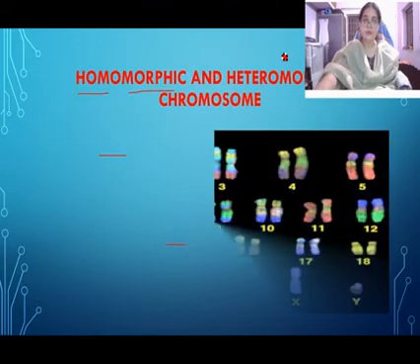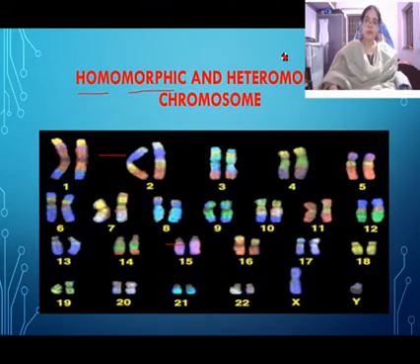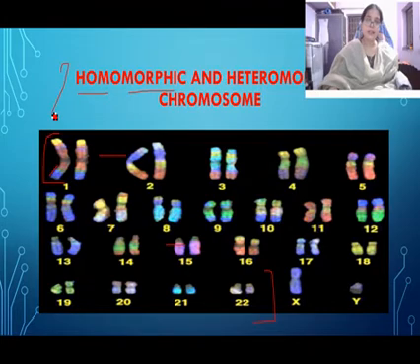Here is the picture for you. Chromosomes 1 to 22 belong to which category? Tell me. Those are homomorphic chromosomes, whereas chromosome X and chromosome Y are the heteromorphic chromosomes.